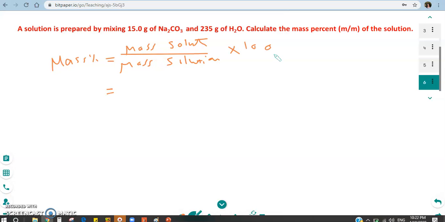So mass solute is 15 grams. Mass of solvent is 235 grams. But we need mass of solution. So we have to add the mass of solute as well in the calculation, times 100. And then you get your calculations.